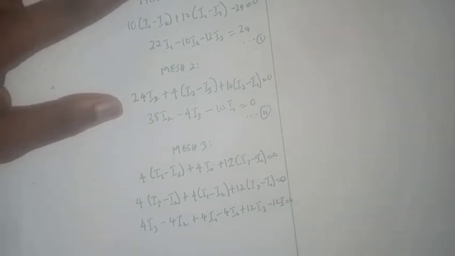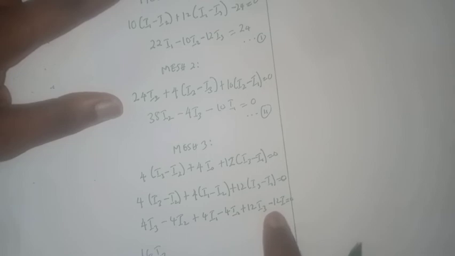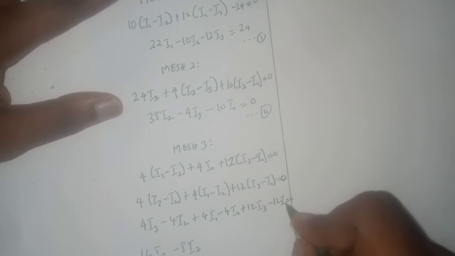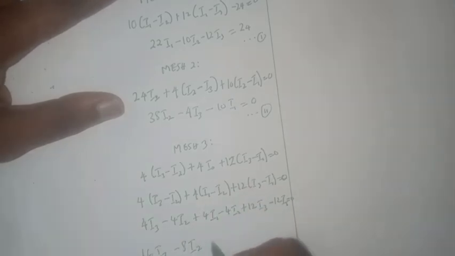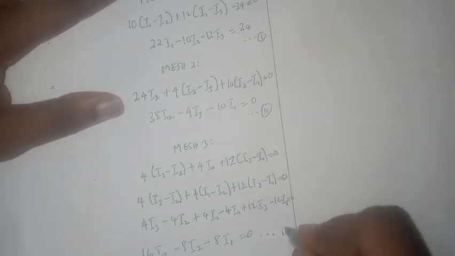Then we can simplify this further, and we would have 16I3 minus 8I2, then 4 minus 12, so that would be minus 8I1. We equate it all to 0, and we can call this our third equation.